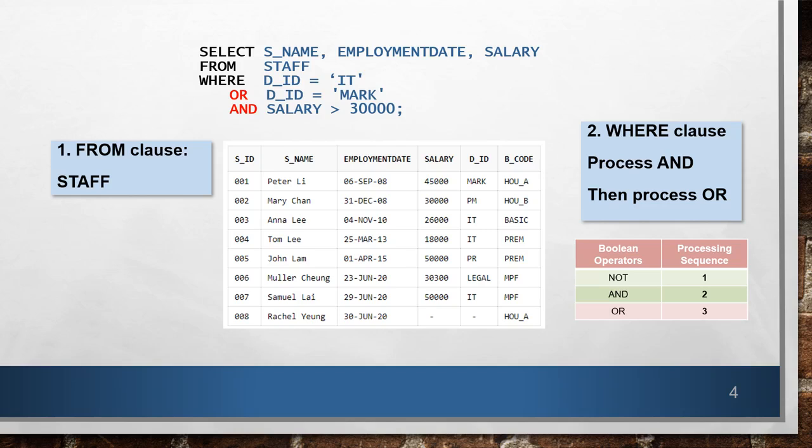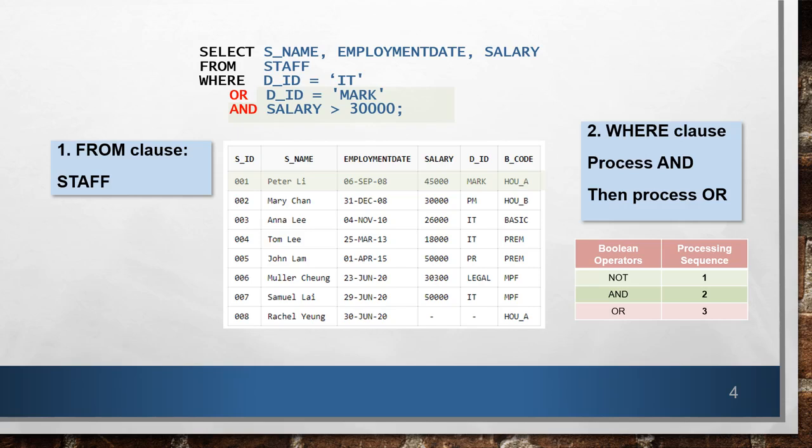When processing the AND operator, it checks whether the individual record meets both of the two conditions: DID is equal to MARK and salary is greater than 30,000. Peter Lee with SID 001 meets both of these two conditions.